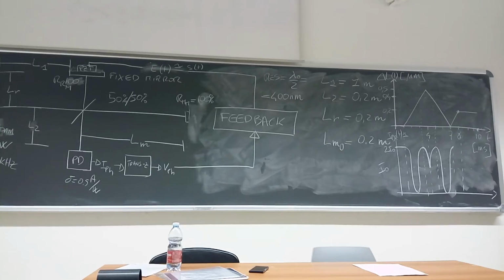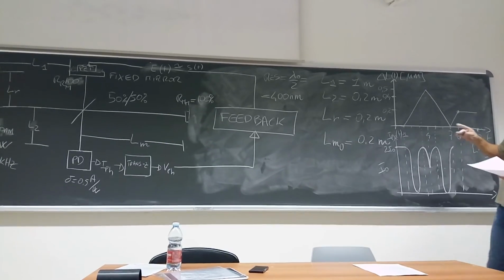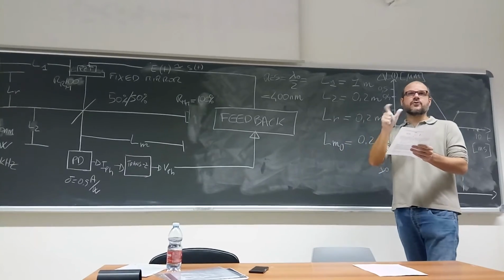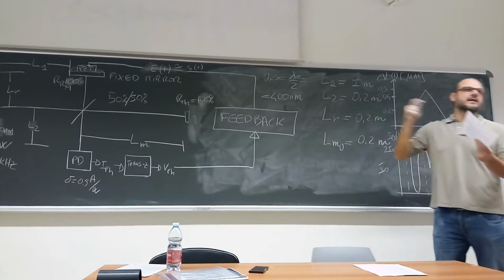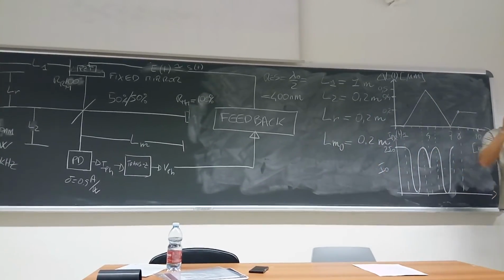Then you move in 1 millisecond, again far away from the instrument, and now the displacement is 200 nanometers. So if 400 nanometers correspond to a full period, 100 nanometer correspond to a quarter of the period, 200 nanometer correspond to half of the period, and so you go to 0.